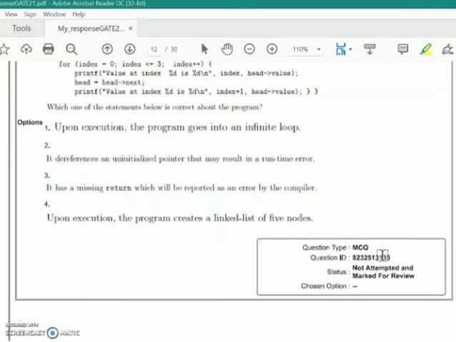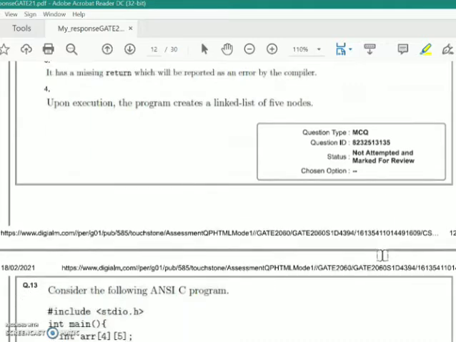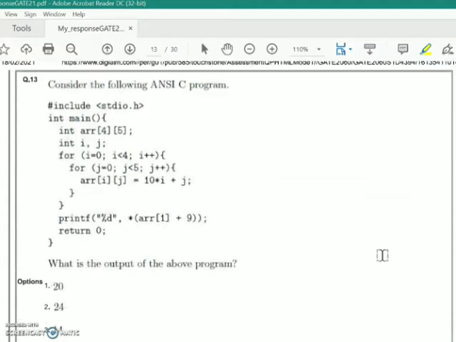Upon execution, the program goes into an infinite loop or it creates a linked list of 5 elements.